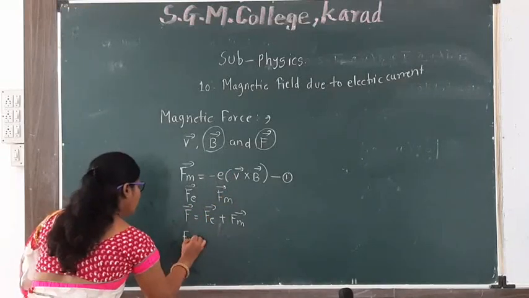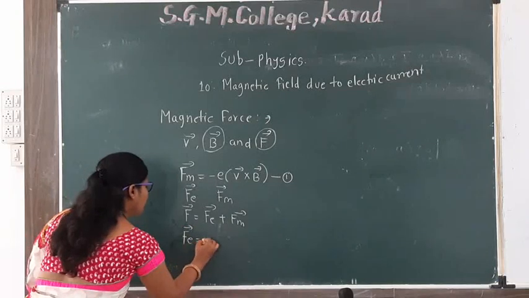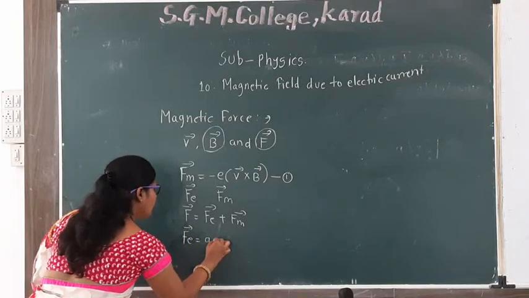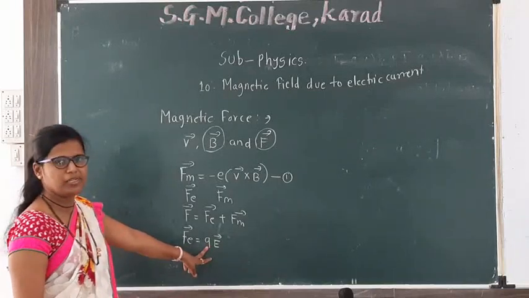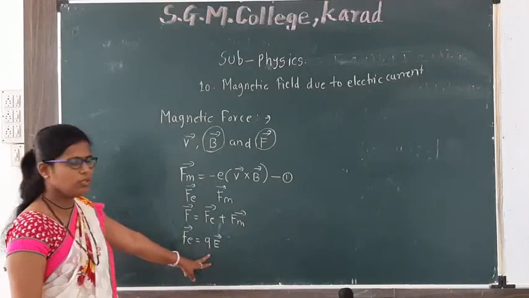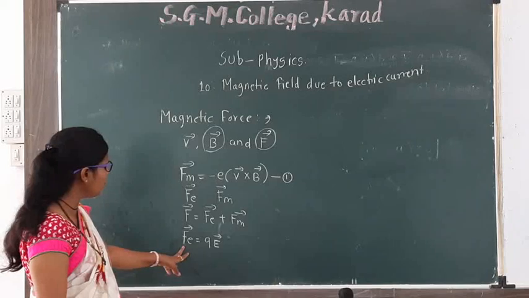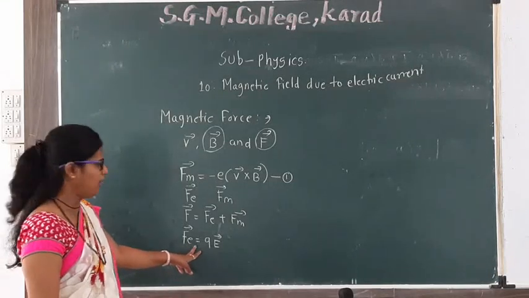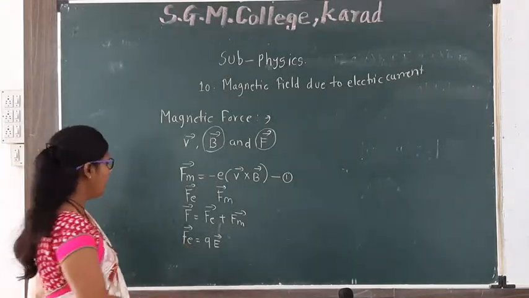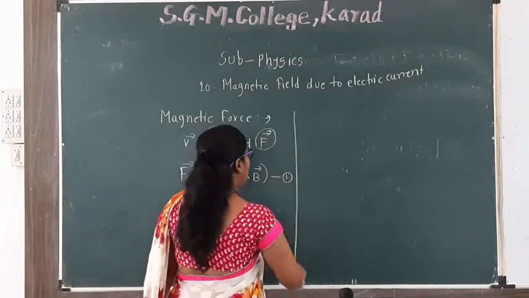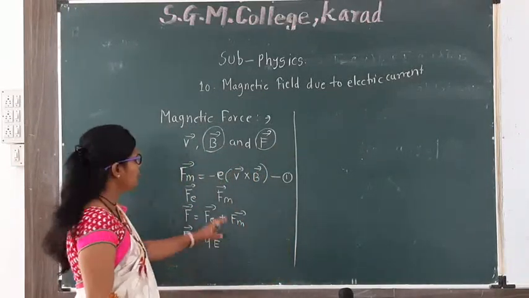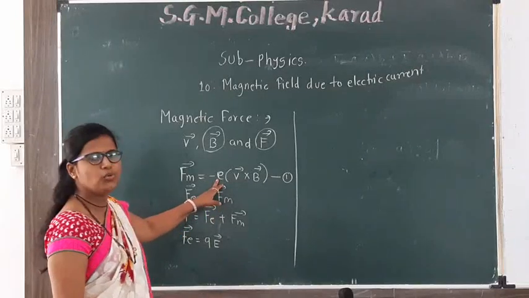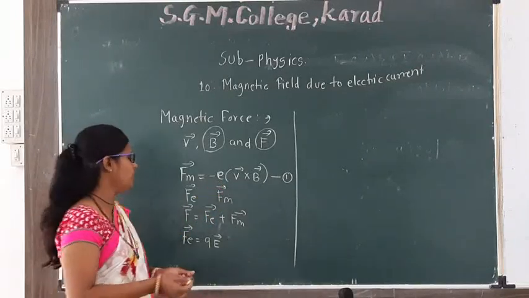Vector Fe is equal to Q into vector E, where Q is the charge on the particle. This is the force due to the electric field. Here, instead of e we can write Q, the charge on the particle.